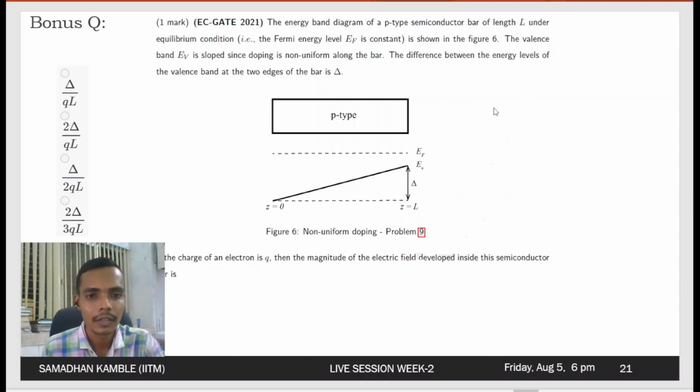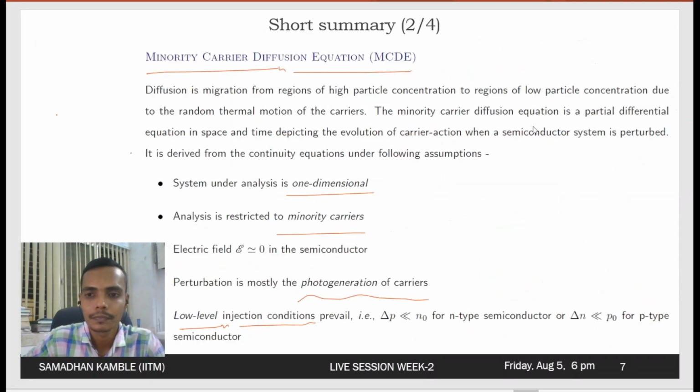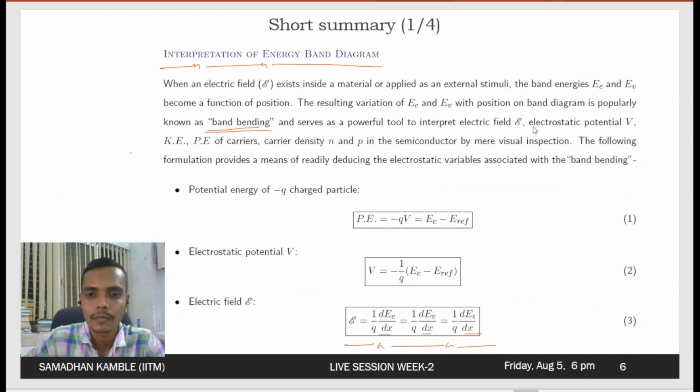What we have been asked is the magnitude of the electric field developed inside the semiconductor bar. We know from our equation 3 that the electric field developed is given as a function of the changing band levels, EC, EV and Ei, with respect to position dx.